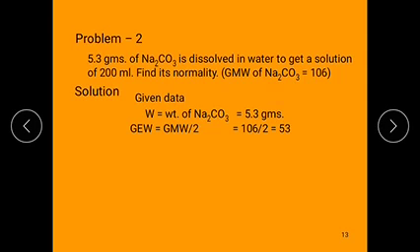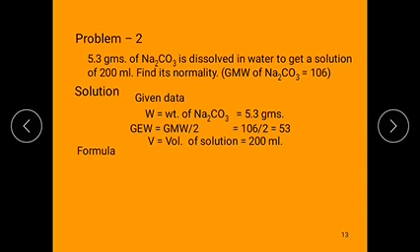Means here the valency is 2, that is equal to 106 by 2, which equals 53. Then V is the volume of the solution, that equals 200 ml.